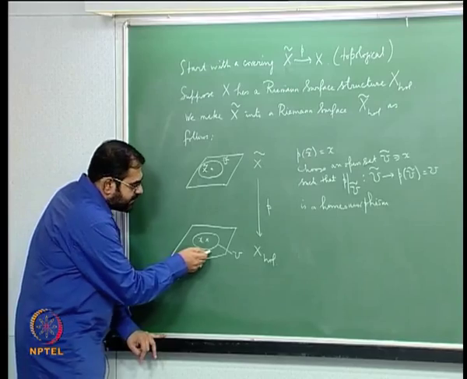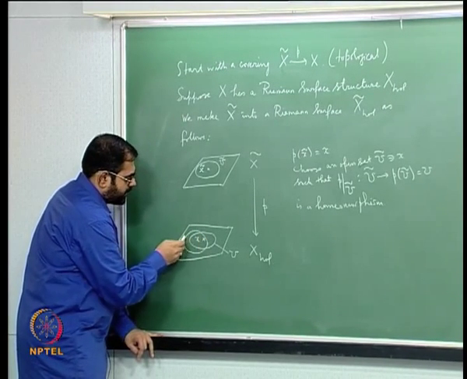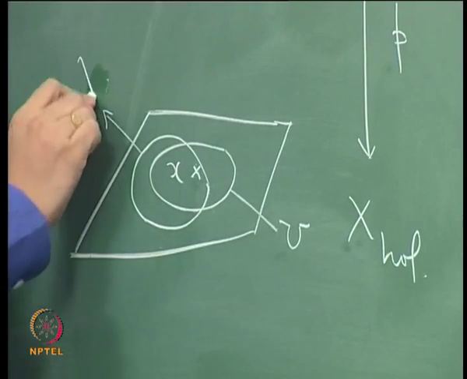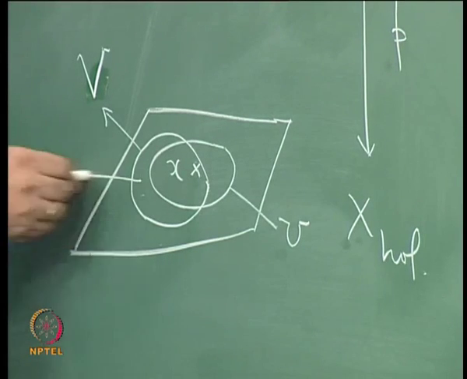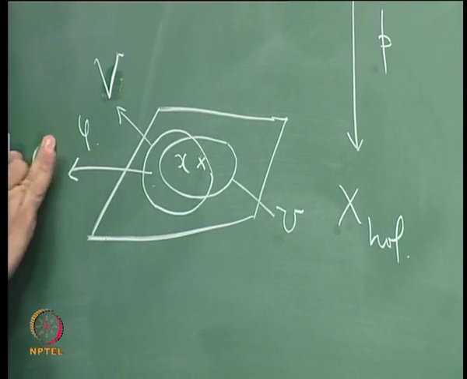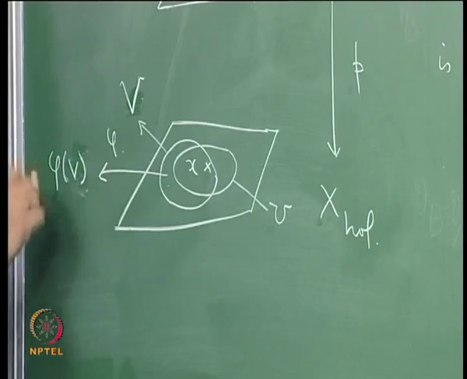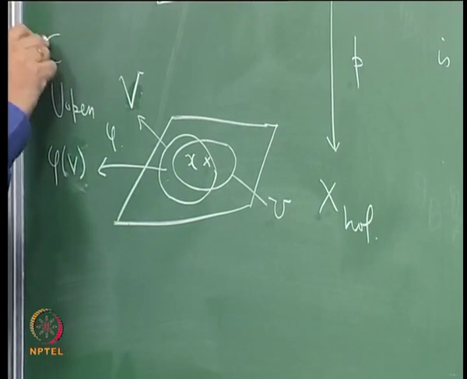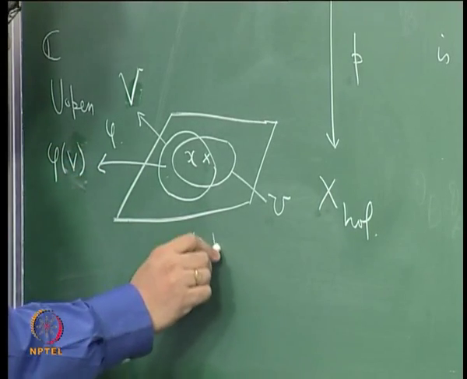So there is an open neighbourhood of this point, let me call that V, and I have a chart, namely a function phi from V which goes into phi of V, which is an open subset of the complex plane, and phi is a homeomorphism.